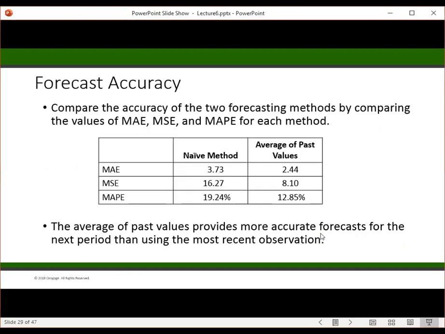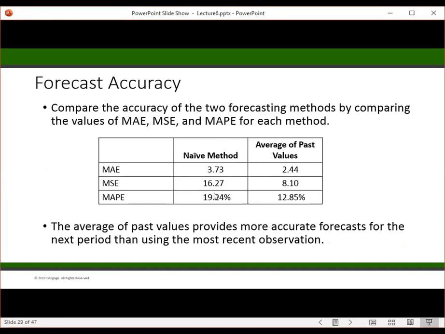And then we can compare the different methods and decide the accuracy of different forecasting methods. So we could take the naive method, or we could take the average of past values, where we sum all the past values and then get an average.